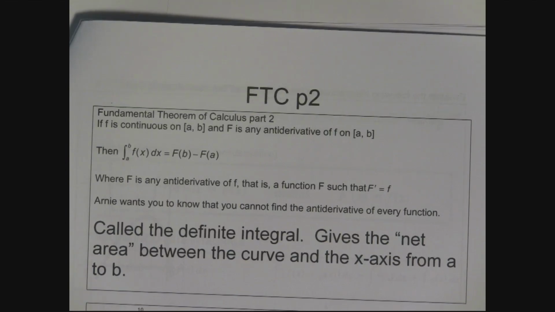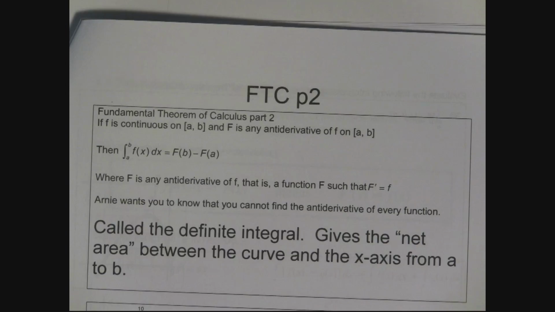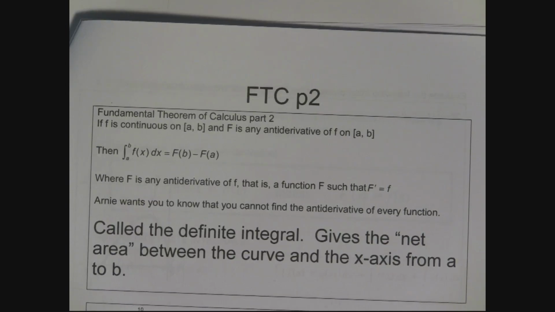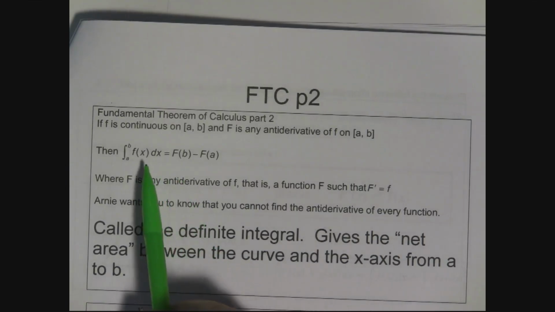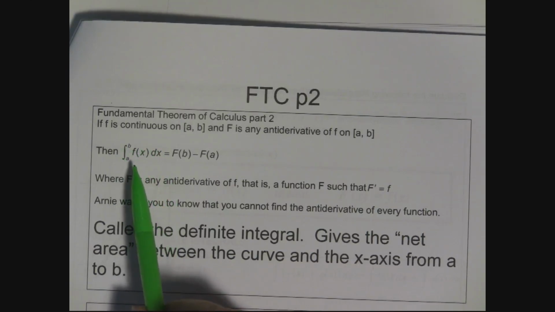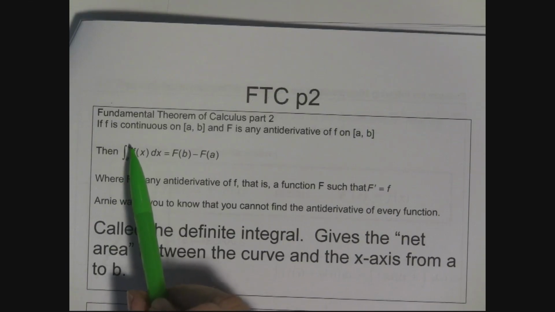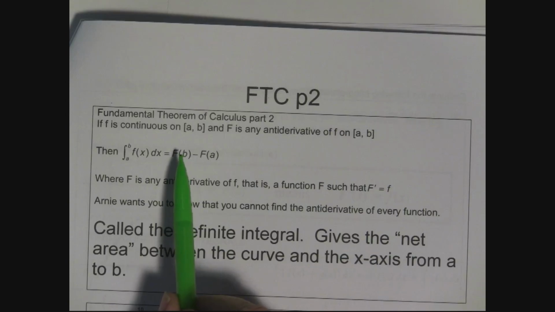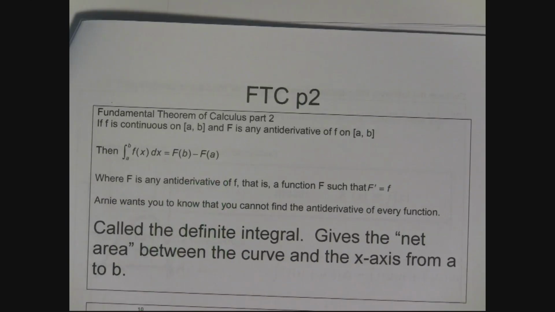So this is the fundamental theorem of calculus part 2, and it deals with finding the net area. Remember the notation that they gave you in 3.9. They said if you had a function f, and you found the antiderivative, they called it capital F. What the theorem says is that if you want to find the area trapped by the curve and the x-axis from A to B, all you have to do is find the antiderivative and substitute the upper bound minus the lower bound into that antiderivative.